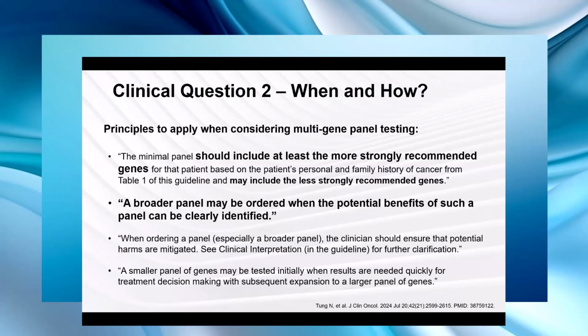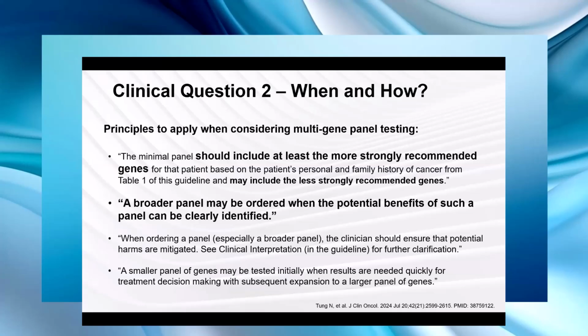They also indicated that a broader panel may be ordered when the potential benefits of such a panel can be clearly identified, and that when ordering this panel, especially in the setting of a broader panel, the clinician should ensure that potential harms for that patient are mitigated. So there's a little bit additional detail related to those harms, which could be considered in the clinical interpretation section of the guideline.